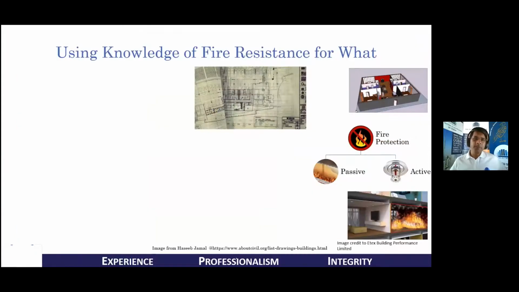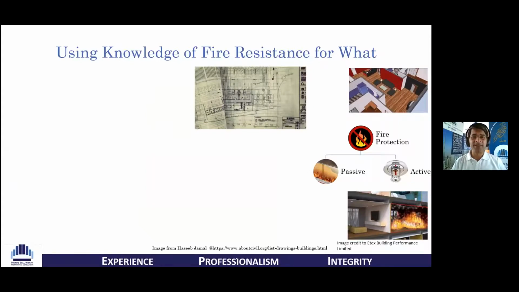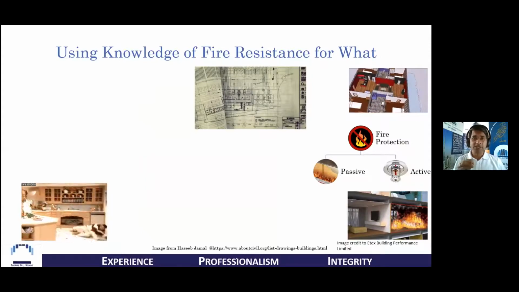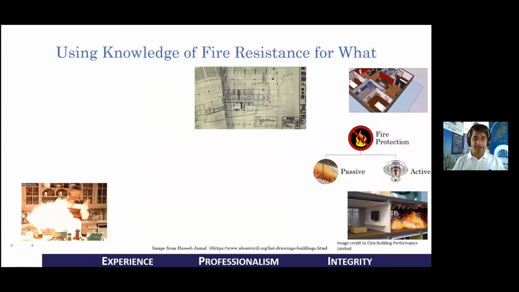So how do we really use this knowledge that we have? We know that we are designing something that needs to ensure that fire resistance and the containment should function, because we really don't want a small accident to become a big incident, right?